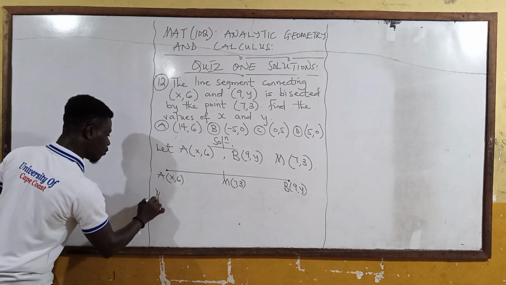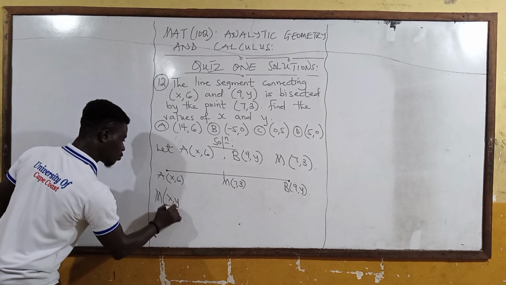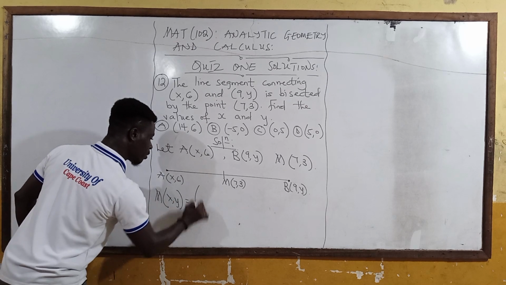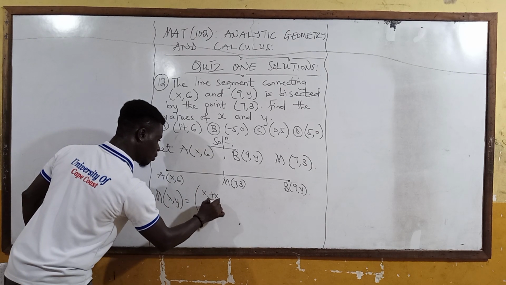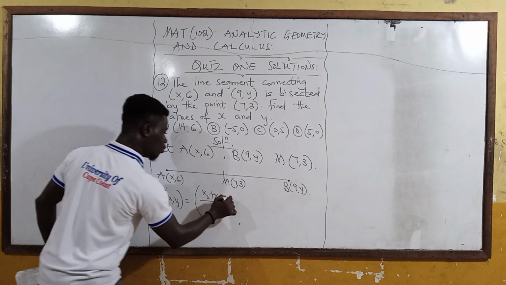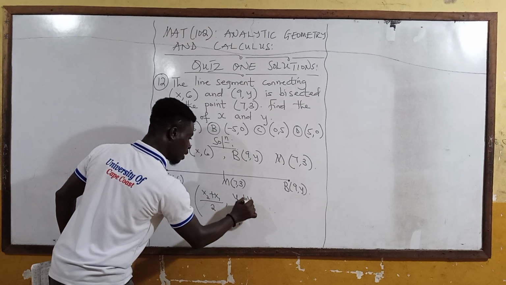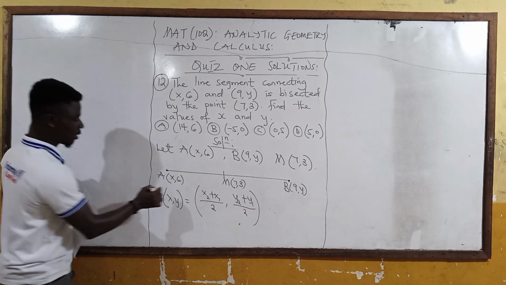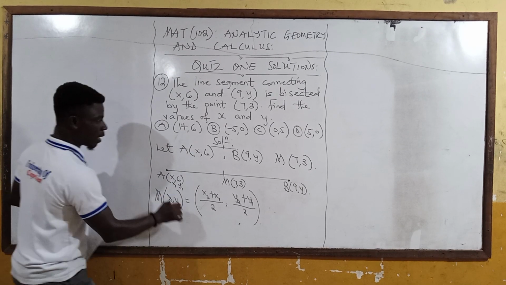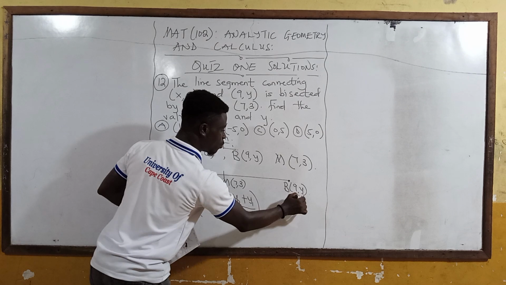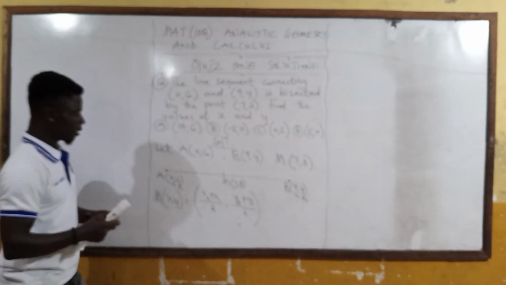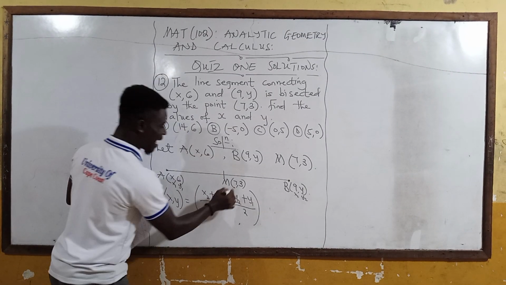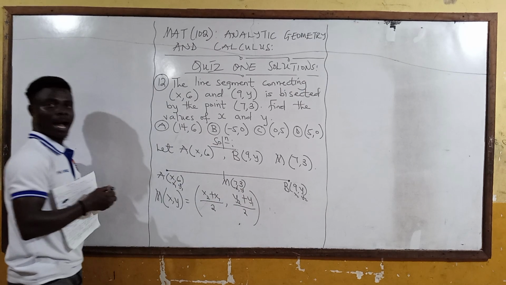So the midpoint (x, y) must be equal to (x2 plus x1) divided by 2, then (y2 plus y1) divided by 2. This one is my x1, y1, x2, y2. This one will be my x, then y.